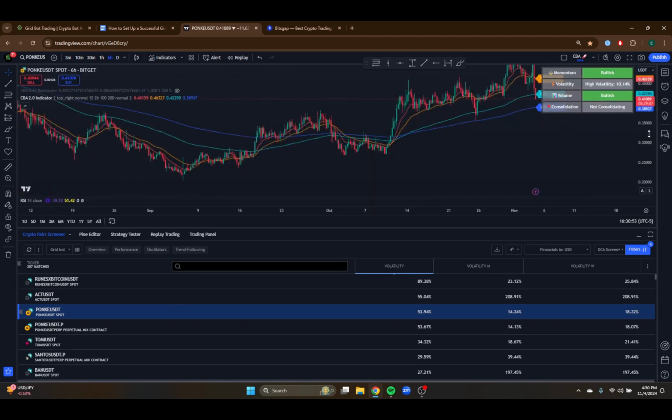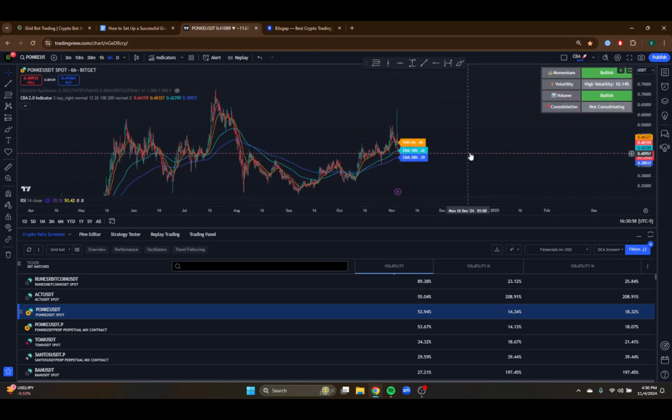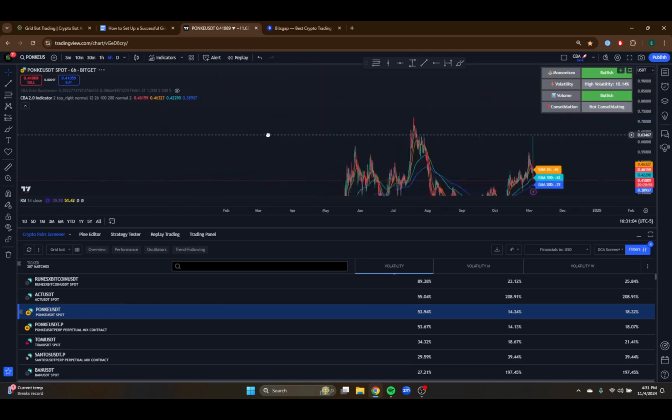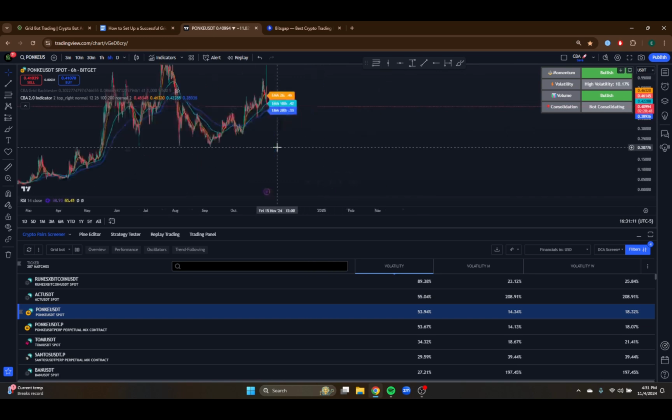Okay, this one looks more interesting. We can see in our CBA 2.0 indicator high volatility, momentum bullish, volume bullish. It has been trading for how long? Since January 2024, for about 11 months, so that's pretty good.